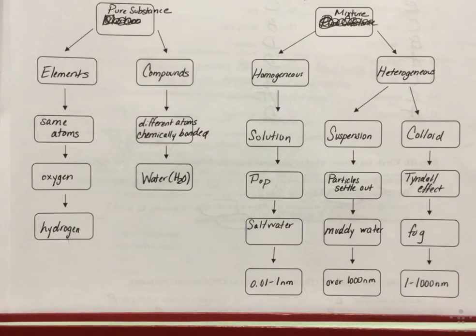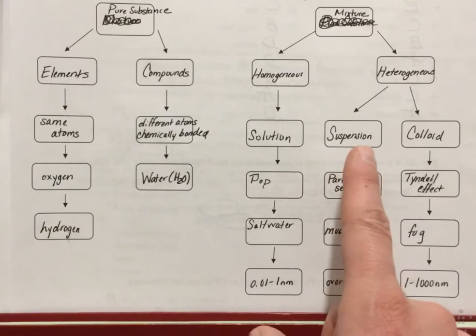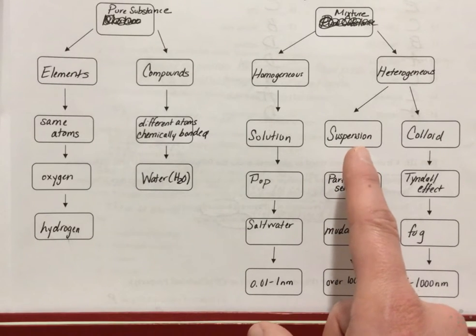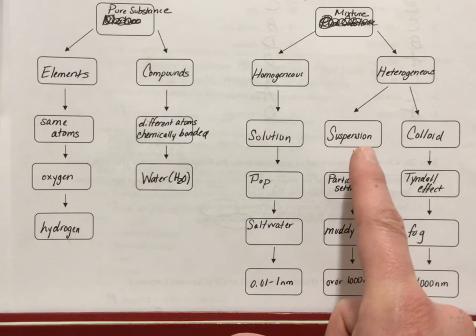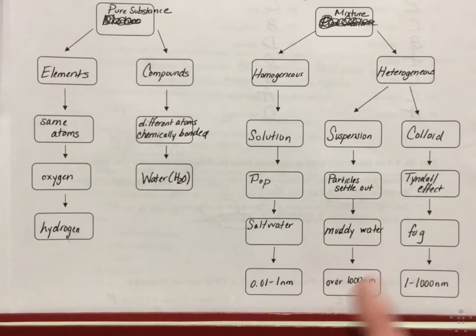So those particles have to be the smallest. For a suspension, I can definitely see the different parts, and I know that they're going to settle to the bottom, so I know that they're big and heavy, so those have to be the largest. And then a colloid is somewhere in between because they don't settle out, but they do scatter light, so they're kind of in the middle.